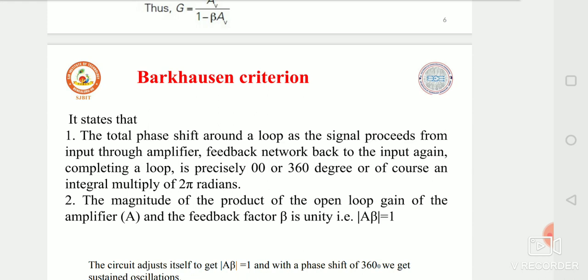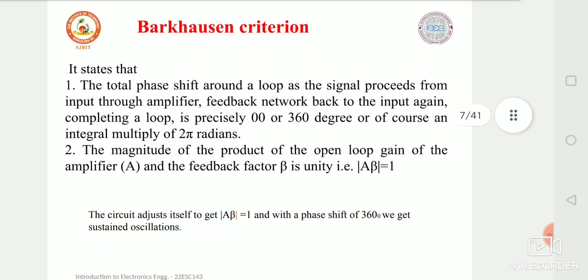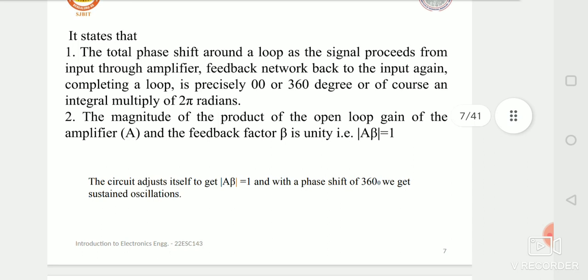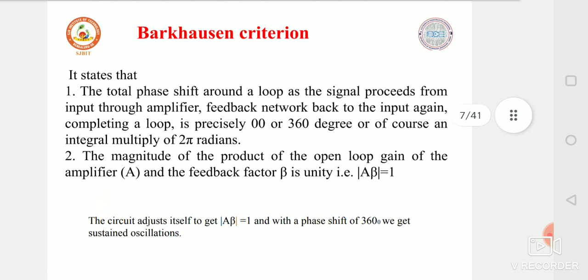Sustained undamped oscillation means we won't get any losses, that is, the amplitude won't reduce with time. We have to take care that the amplitude or the I squared R losses do not reduce it, so that you get a sustained oscillation. If Barkhausen's criteria is satisfied, then only will you get an oscillator, since an oscillator has no input and the output is fed back to the input.